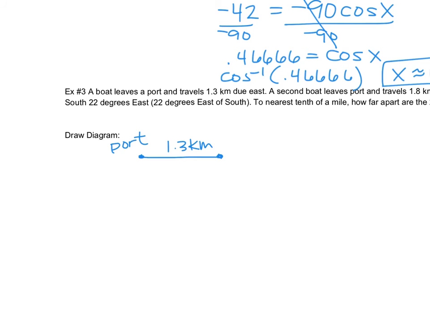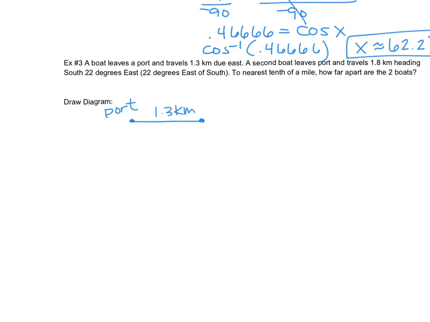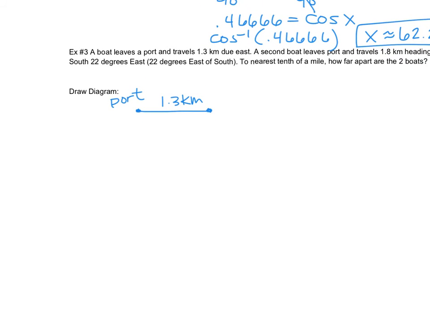A second boat leaves port and travels 1.8 kilometers heading south 22 degrees east, which is 22 degrees east of south, okay? So if this is south, straight down, I need to go 22 degrees east of that. Okay, so that would make this angle 22 degrees.